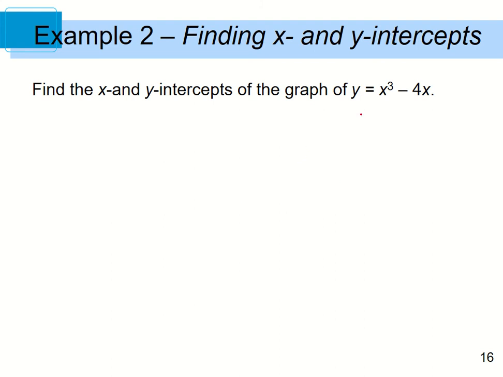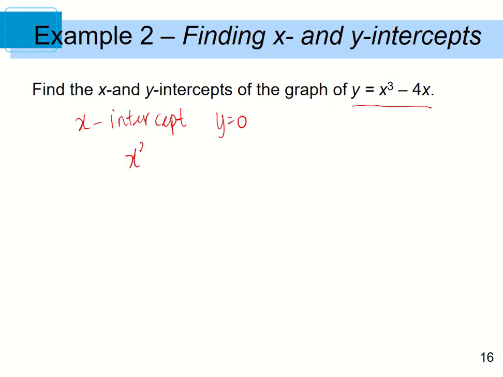Now, how do we find the x- and y-intercepts when we are given an equation? Say y equals x to the power of 3 minus 4x. First, for the x-intercept, we know that the value of y should be 0, so we substitute 0 here.